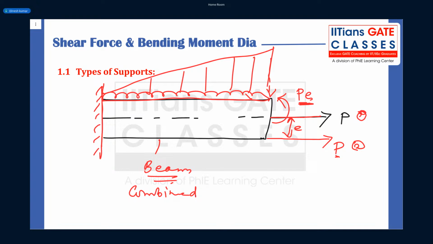Combined load means what, guys? It will undergo axial load, transverse load, and it may also be subjected to torque. Clear? So that means you need to analyze each load case: axial plus transverse plus twist.